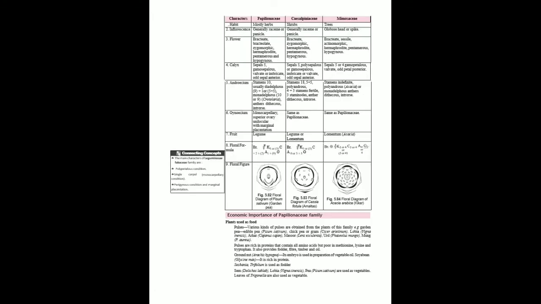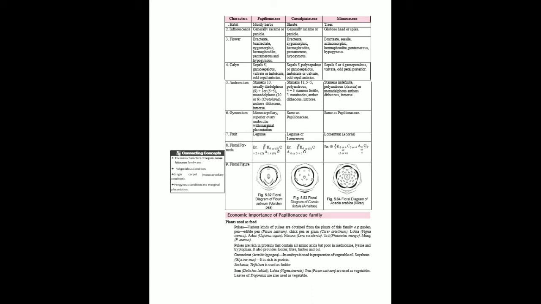Floral characters. Inflorescence racemose. Flower bisexual, zygomorphic. Calyx, sepals 5, gamosepalous, valvate or imbricate aestivation. Corolla, petals 5, polypetalous, papilionaceous, consisting of a posterior standard, 2 lateral wings, 2 anterior ones forming a keel, enclosing stamens and pistil, vexillary aestivation.